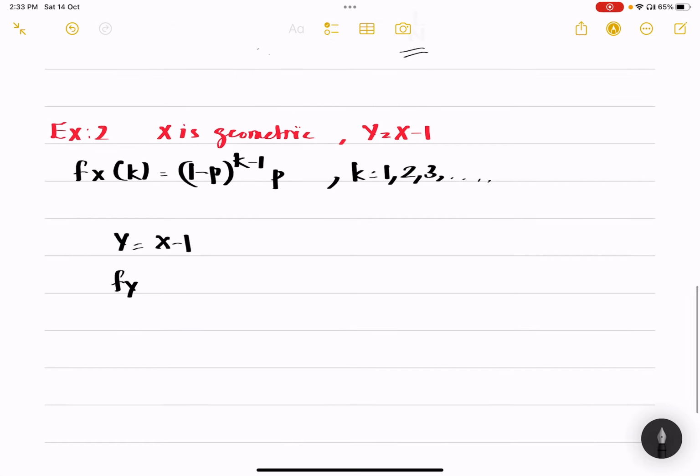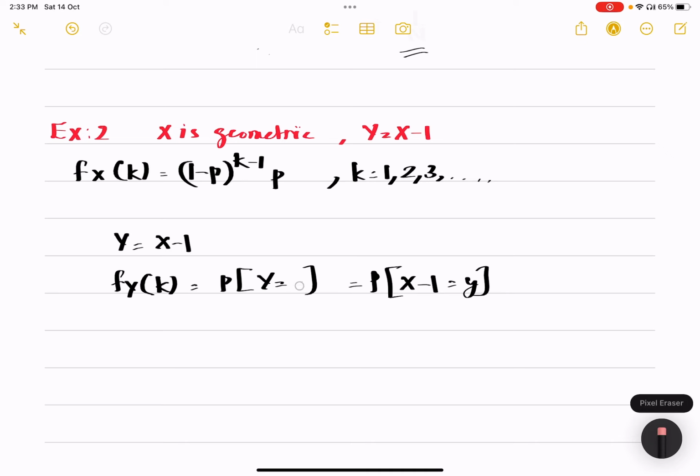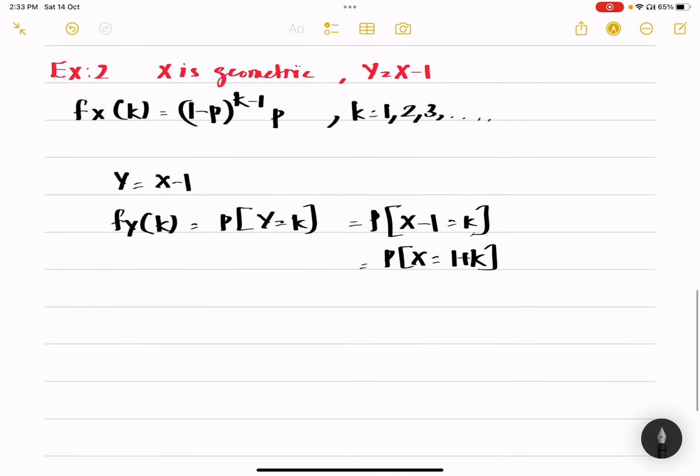So fY of any value, let's take k itself. Ultimately, we are just using the mass function here. It's equal to P of Y equal to k. No doubt about it. That is P of X minus 1 equal to k, that is P of X equal to 1 plus k. Am I right?